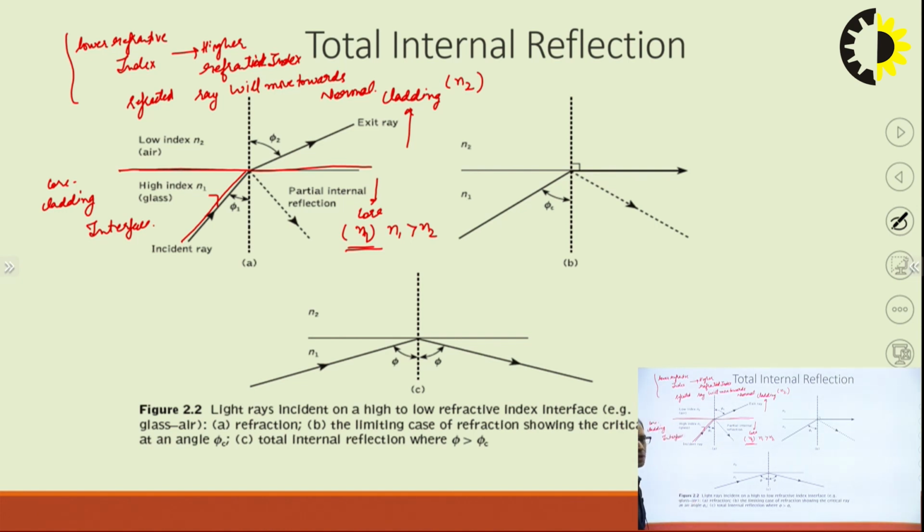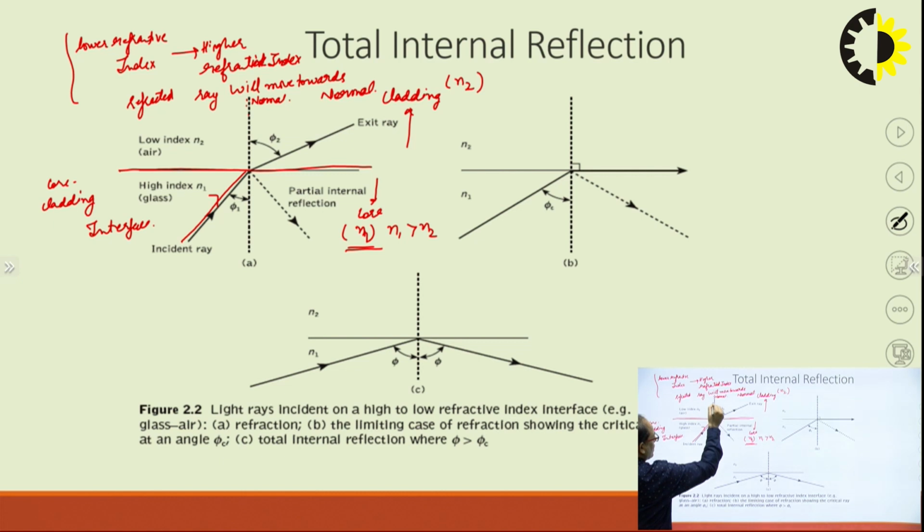This is one of the laws of reflection. Clear? Now say this is the normal to the core cladding interface.